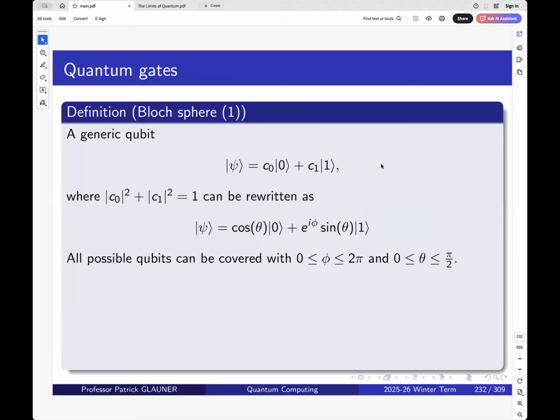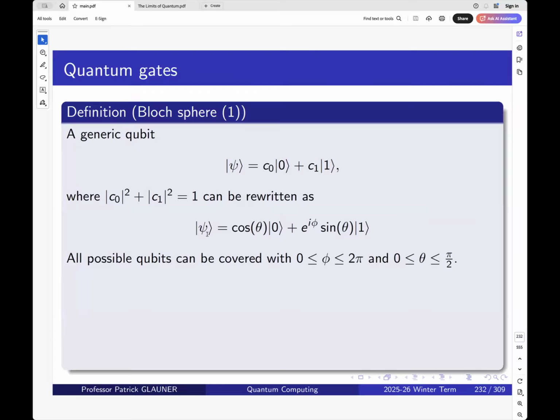And it turns out that you can rewrite such a qubit in a different way. This is explained in the literature in greater detail, how and why this representation is equivalent to this one here, but it's something we're not discussing in detail in the course. We just assume that it is that way. In case you want to verify this, please take a look into the book or into other literature.